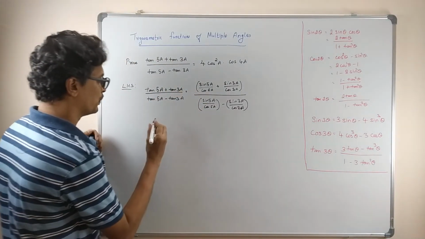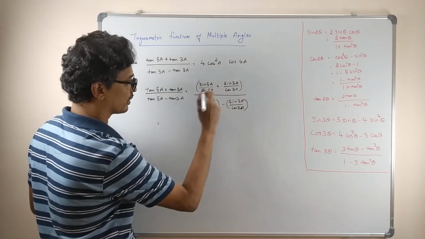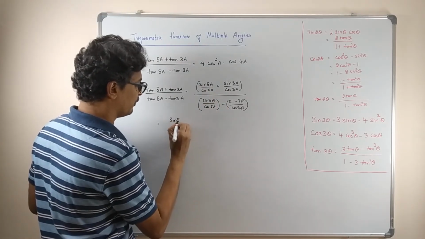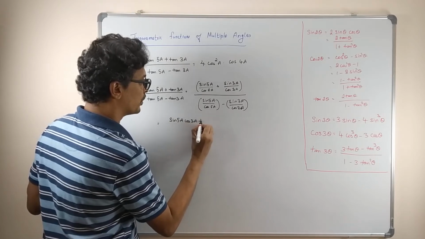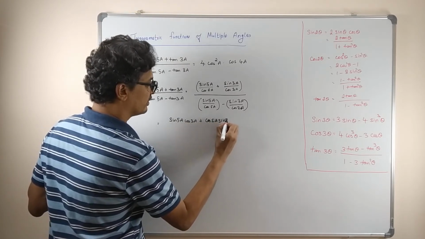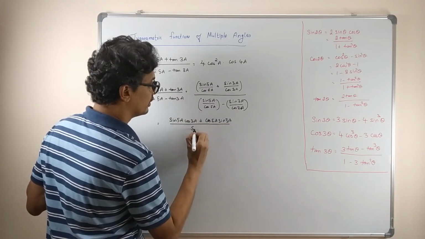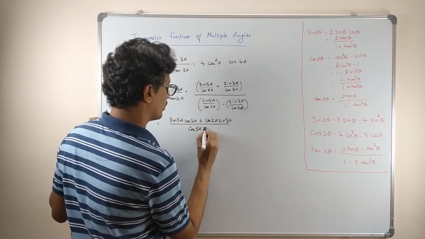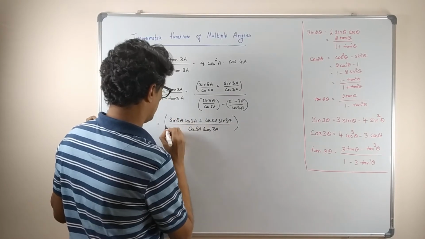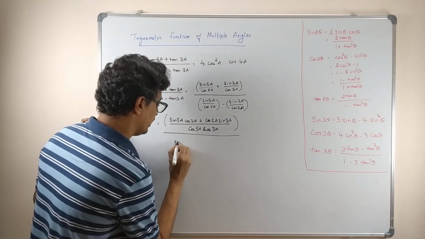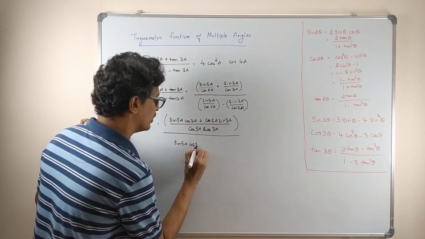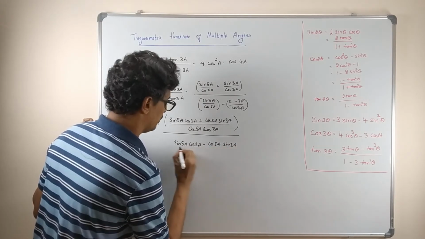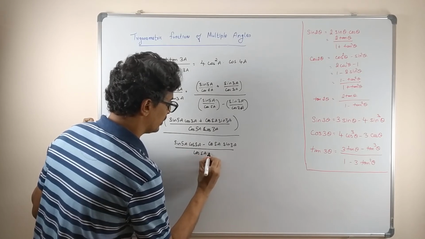Okay, so this will become what when you take the LCM, and the denominators both cancel also. So the numerator is going to be sine 5a cos 3a plus cos 5a sine 3a divided by cos 5a cos 3a, upon sine 5a cos 3a minus cos 5a sine 3a divided by cos 5a cos 3a.